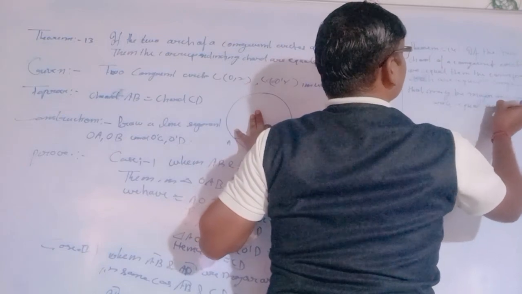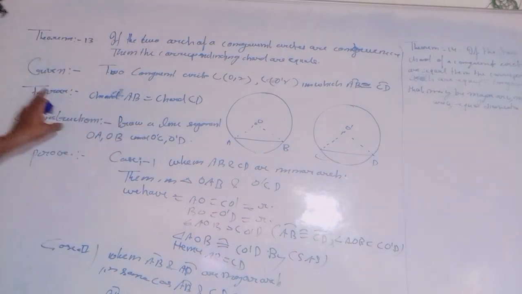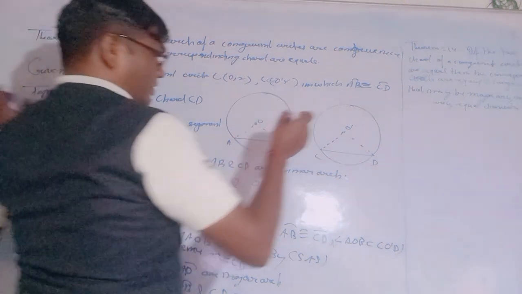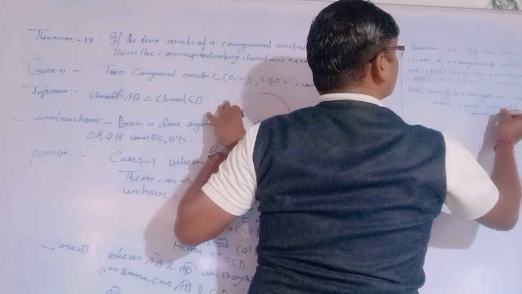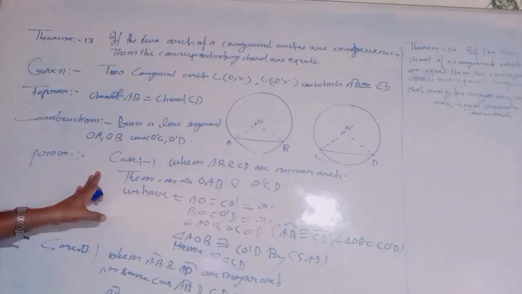Diameter means the same radius. So the equal arcs, major arc, minor arc, are semicircles, or we can say equal diameter or semicircle. Okay, so here is the question, and we have to prove it.